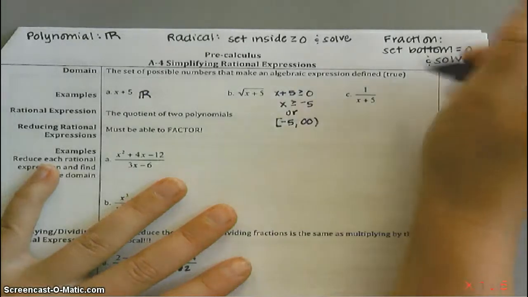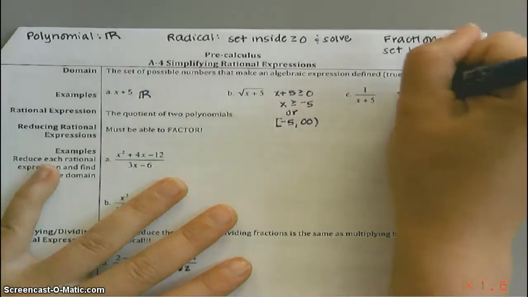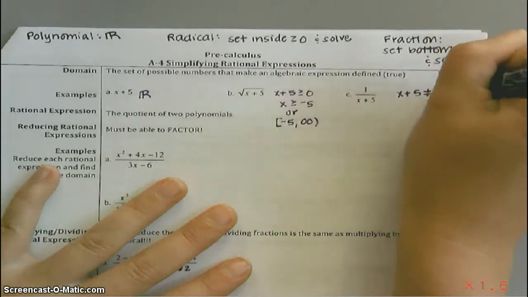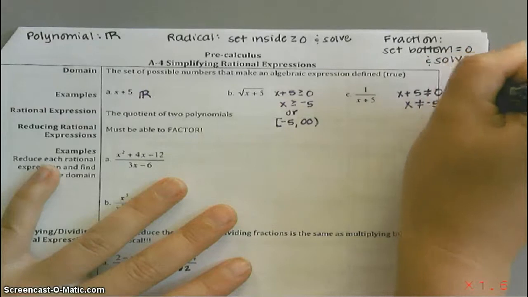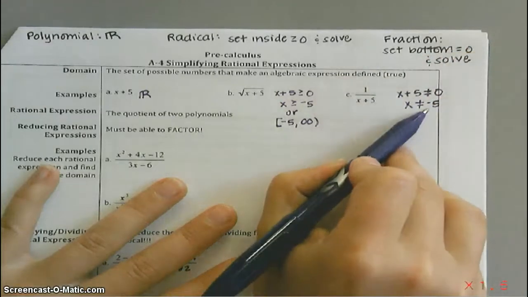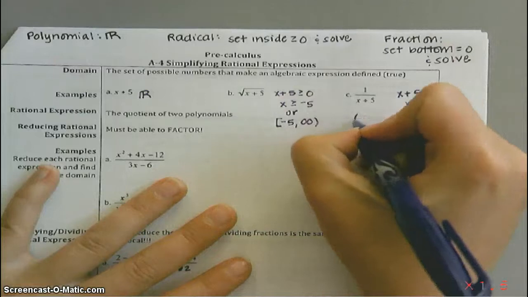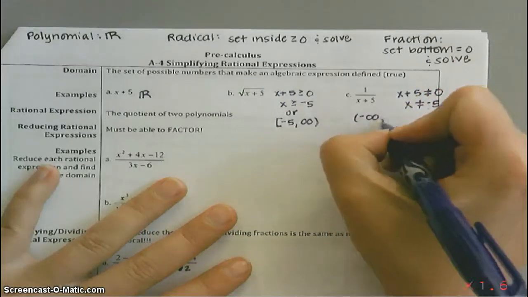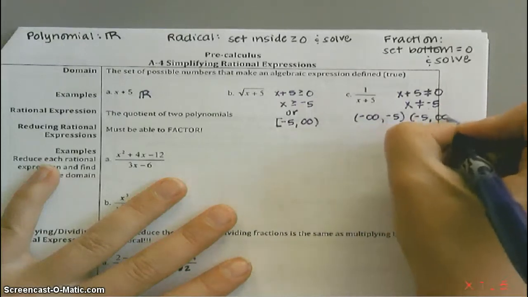Here, to find the domain restrictions for a fraction, the bottom cannot equal 0, so I just set the bottom not equal to 0 and solve. The only domain restriction is that x cannot equal -5. To write that in notation, you can go from -infinity to -5, not including it, and then on the other side of -5 to positive infinity.